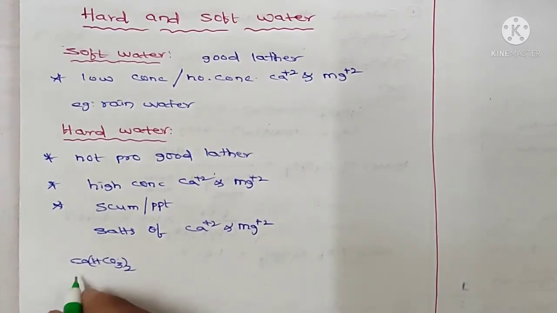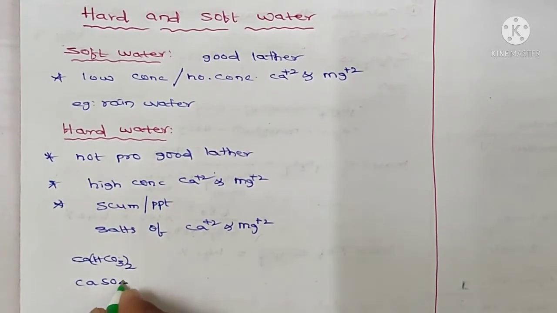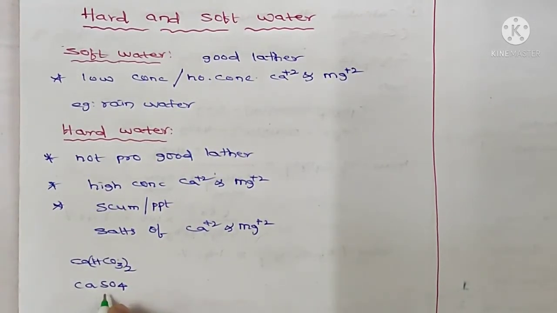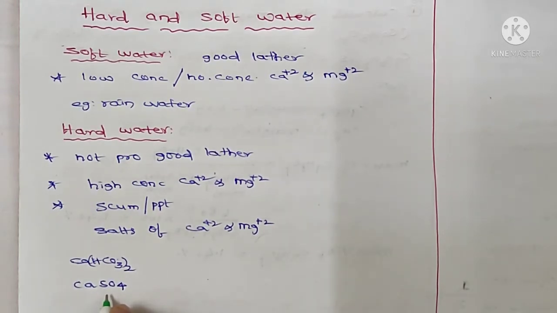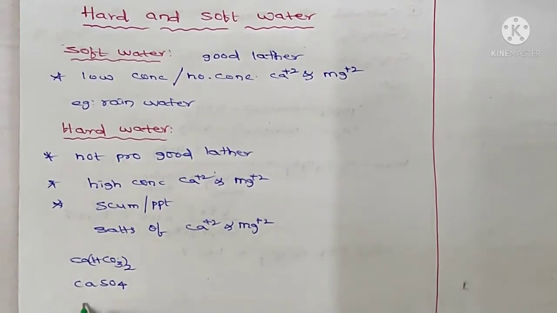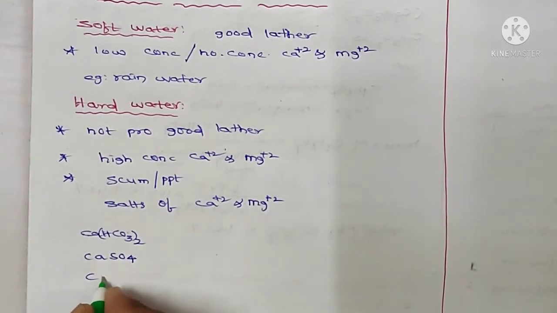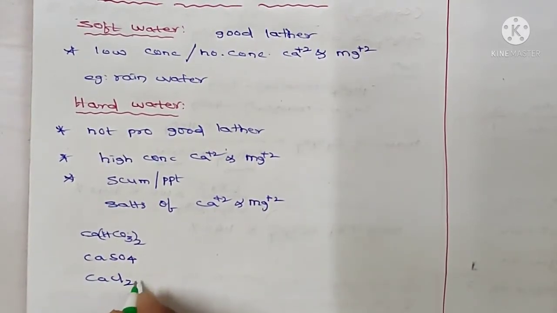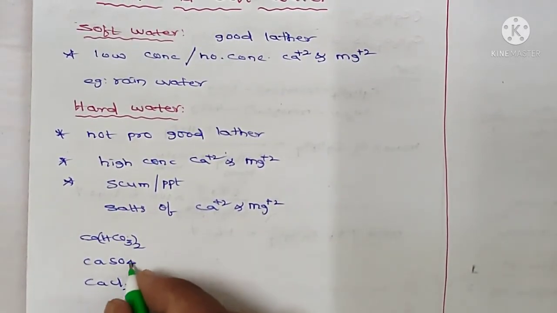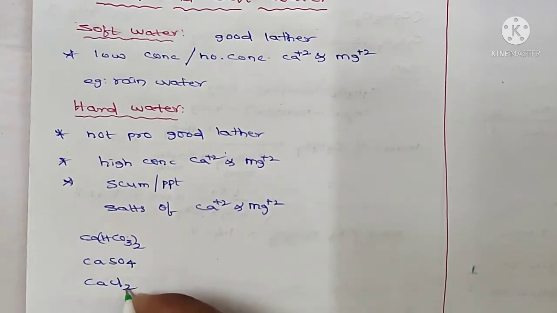Calcium sulfate, CaSO4, and calcium chloride, CaCl2. So these are the salts of calcium.